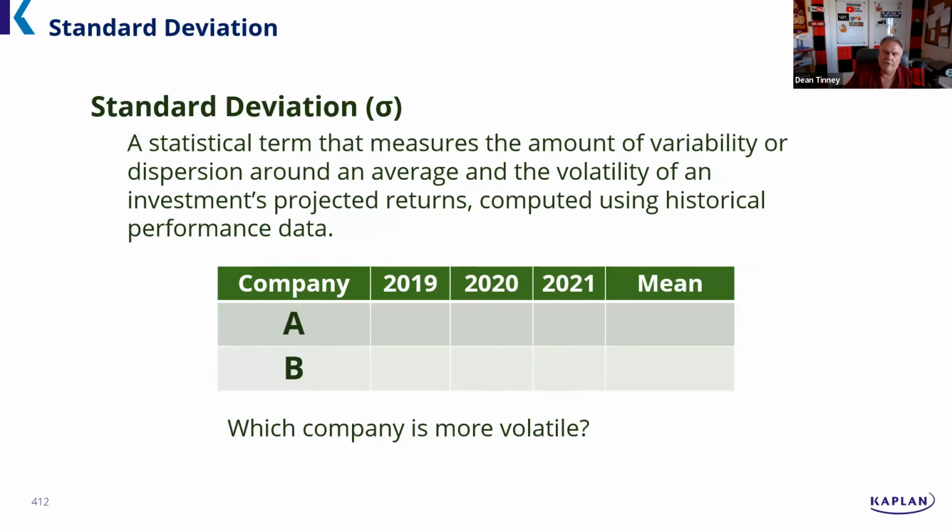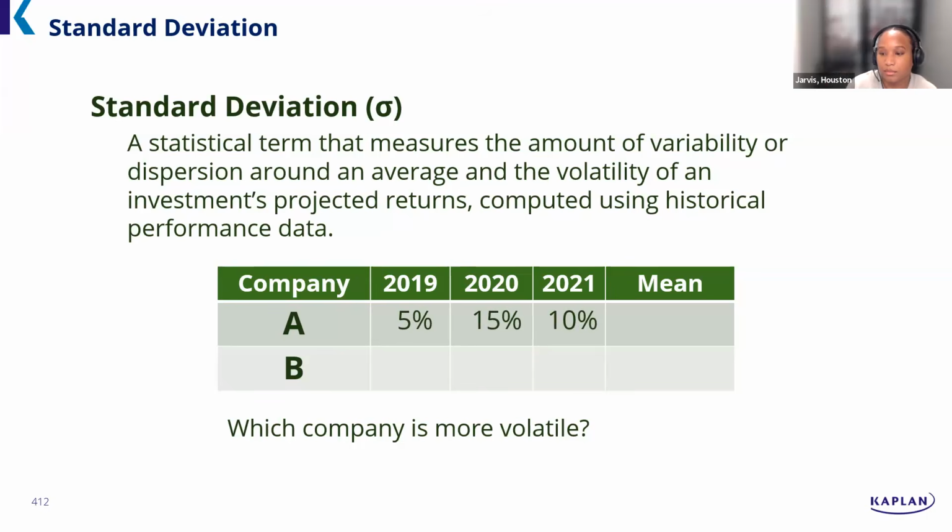So standard deviation is a statistical measure of the amount of variability, or dispersion, around an average, and of the volatility of projected returns using historical performance data. Here we're asking which company is more volatile. Company A had a 5% return in 2019, 15% in 2020, and 10% in 2021.